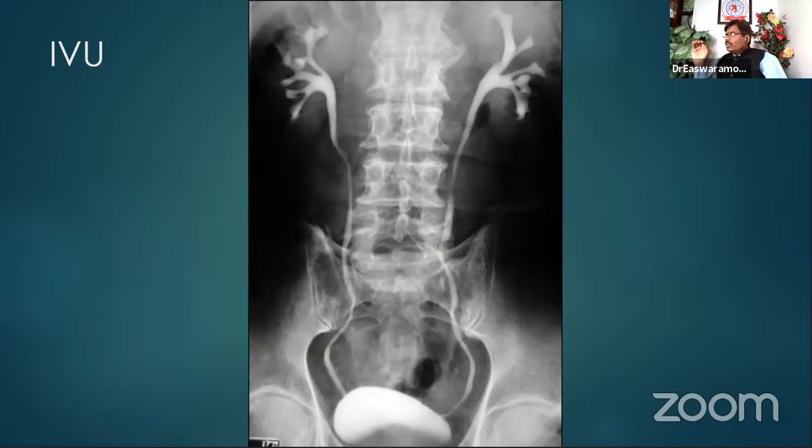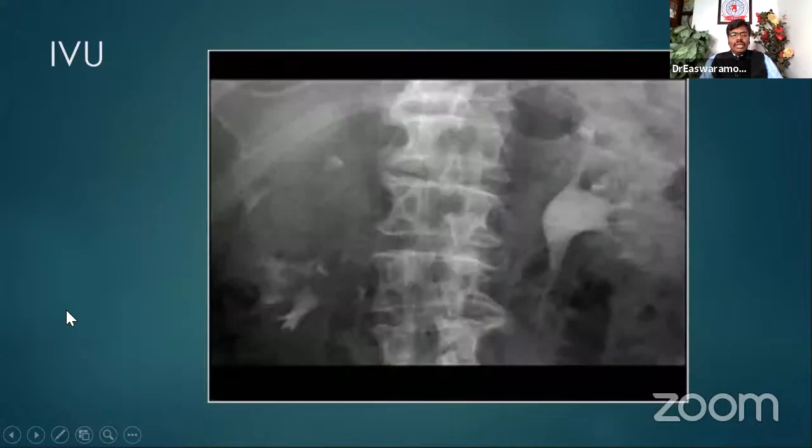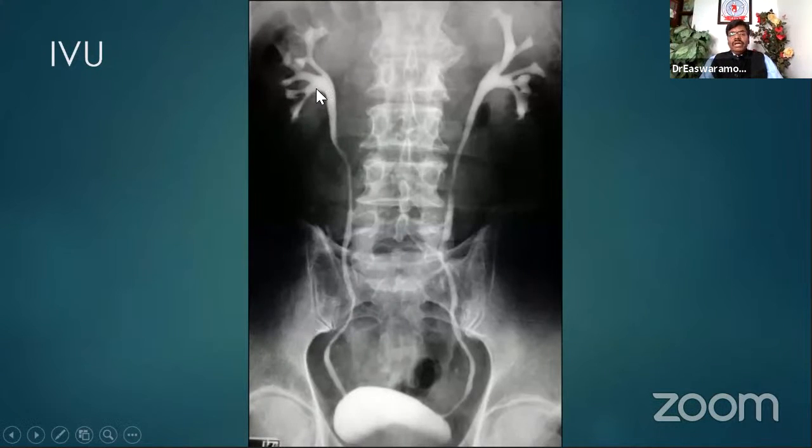So I am going through quickly for lack of time. Then IVU is done provided the patient's renal function is good. Creatinine should be less than how much? 1 or 1.2. So when you give the urographin, after a good bowel preparation the previous day and the patient kept starved for 12 hours, the first picture you get is what we call a nephrogram, that is the kidney shadow.